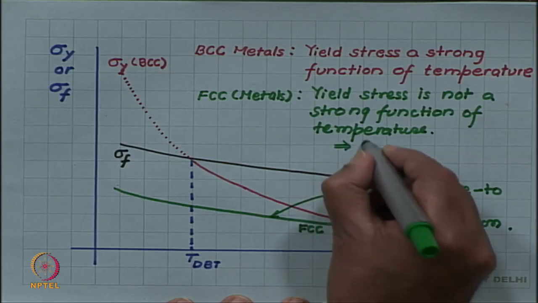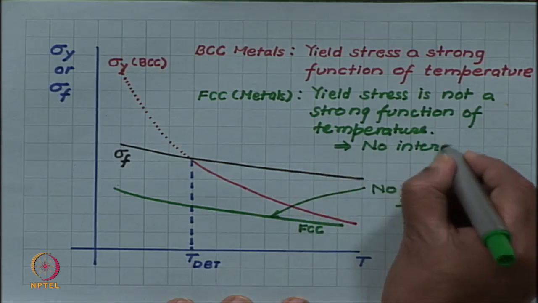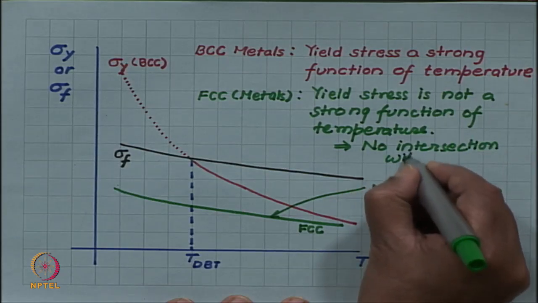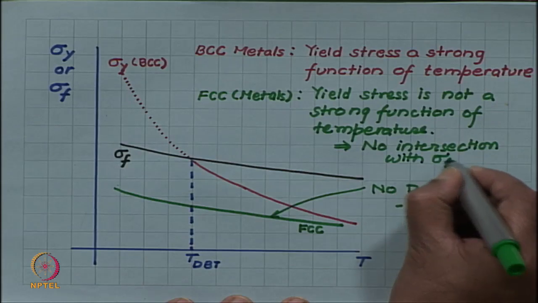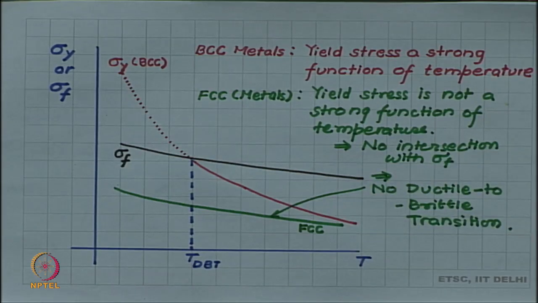So, this implies no intersection with sigma f, and hence no ductile to brittle transition.